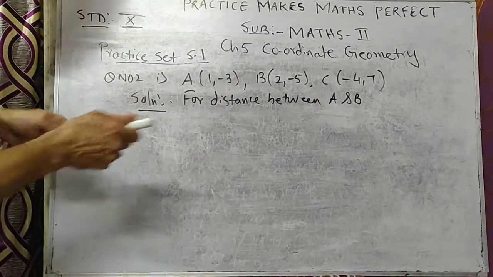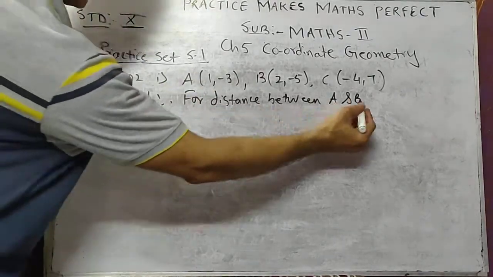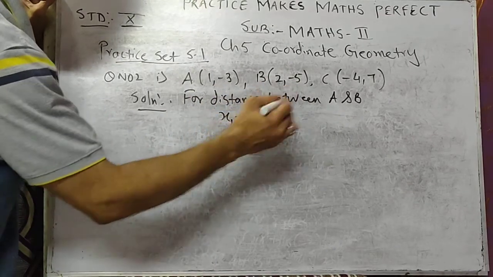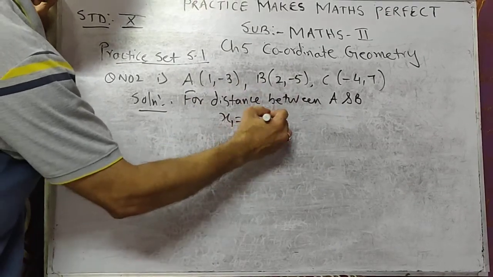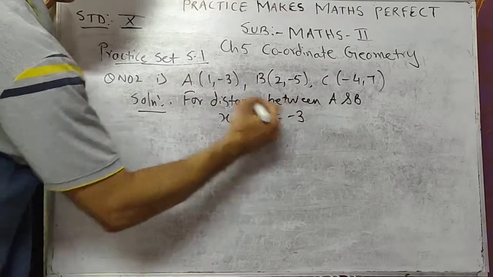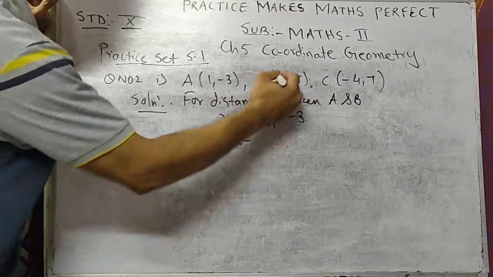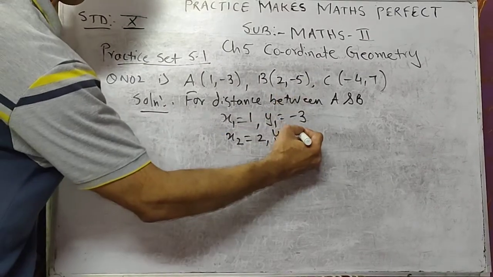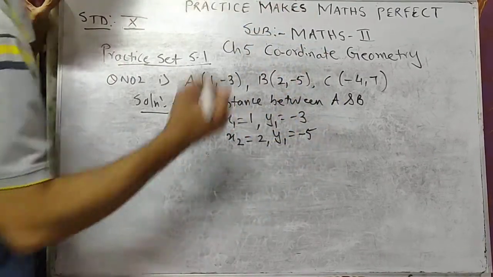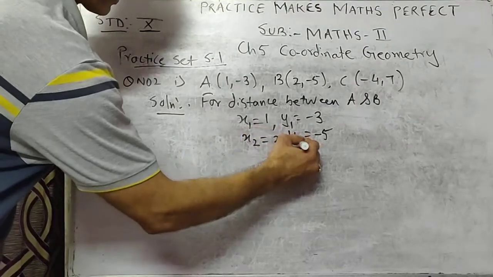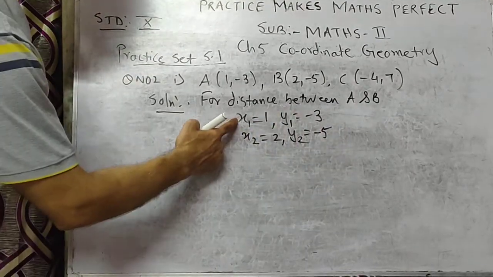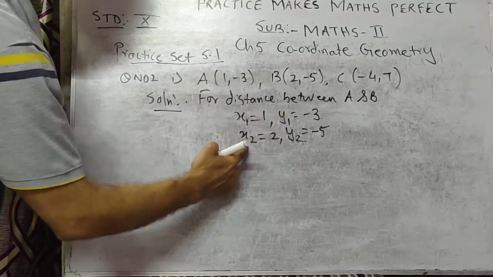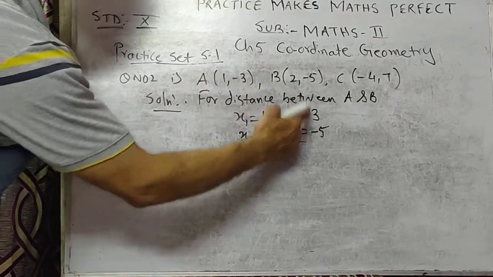So first we are using it for the distance between A and B. x1 is 1, y1 is minus 3, x2 is 2, and y2 is minus 5.